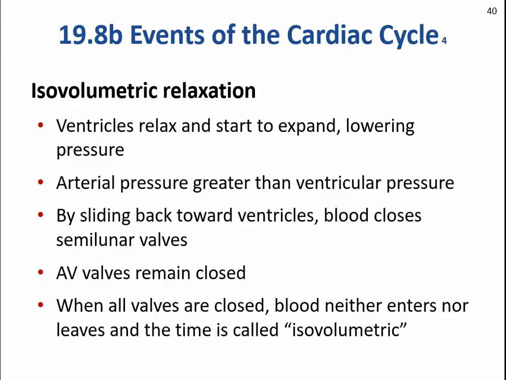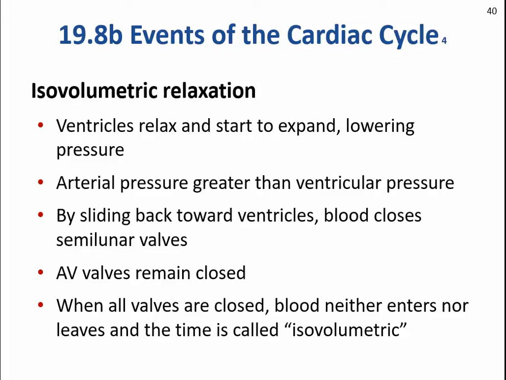So then what happens is diastole starts. As diastole starts, the pressure drops within the ventricle. As soon as the pressure in the ventricle is lower than that of the aorta or the pulmonary trunk, then the semilunar valves close. When the semilunar valves close, we get the second sound, but the pressure is still higher than the atrium, so now it's a closed chamber again with both sets of doors closed, so it's isovolumetric.